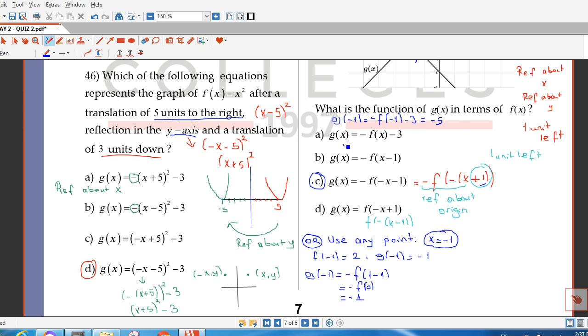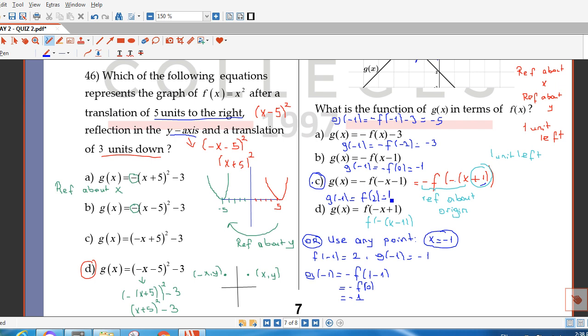And B, if you write -1 in your g function, f of -2 is going to be -3. If you write -1 in the g function and f function, it will be f of 0, which is -1. If you write -1 in the last, g of -1 is f of 2, which is 1.